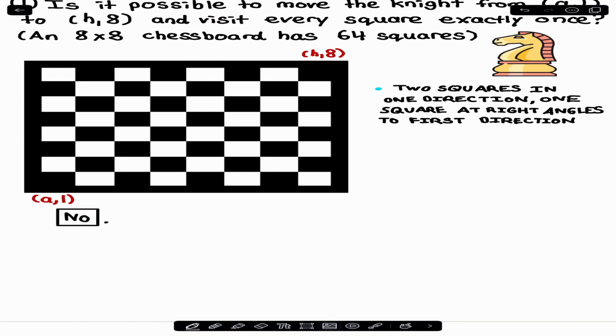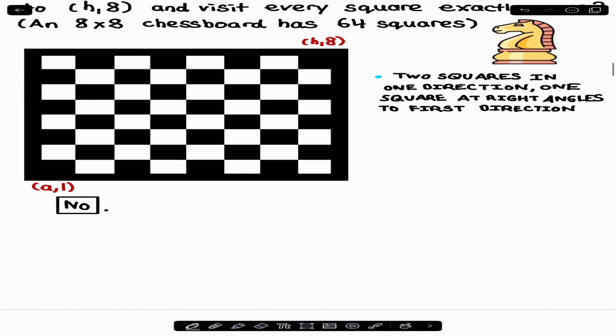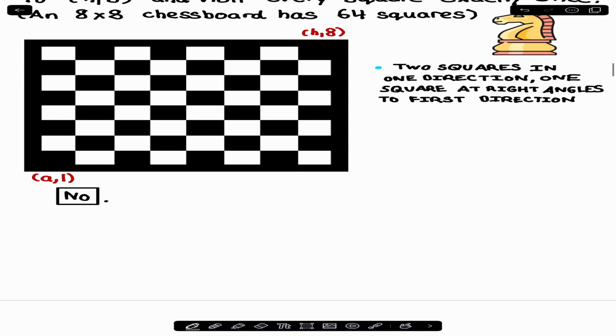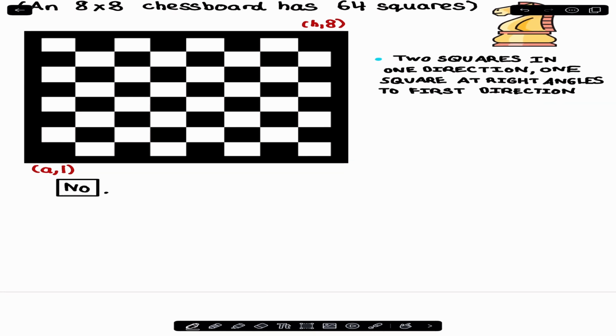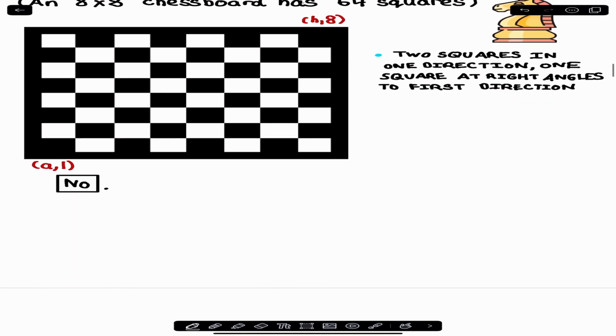And to answer this question, we need to think about how this pesky, very pesky little knight moves, because there's a very important fact about how the knight moves from square to square, and it is as follows. I'm sure if you've played around with it, you might notice something interesting about the color of the square that the knight is on after each move.